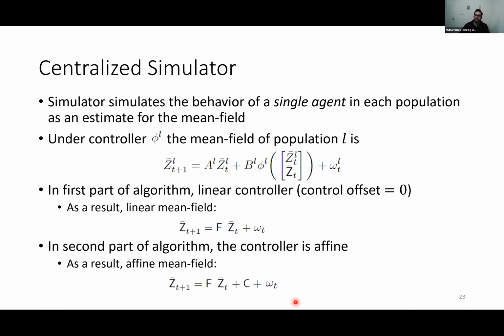The agent looks at the cost that it gets for a controller, and also the mean field trajectory. So basically, we need a long-run mean field trajectory over which we can compute the cost. Yeah, I think maybe we can have a discussion after that. Okay.